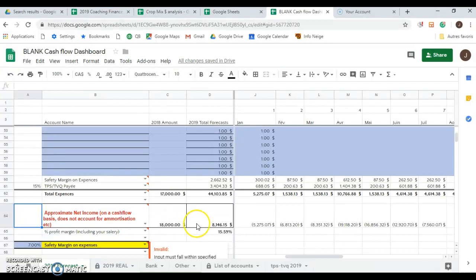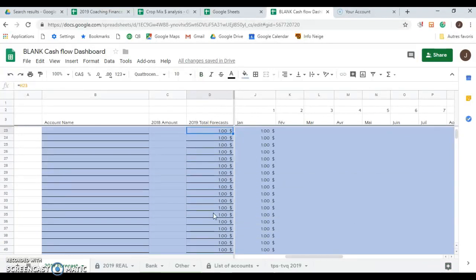And basically, down here, what we want to see is that this number needs to be positive, right? Because we've included our salary in the budget, and because we've included safety margins, we're not aiming for zero. It has an $8,000 surplus, but that's probably not realistic. We could just imagine that we're also going to be spending something else.